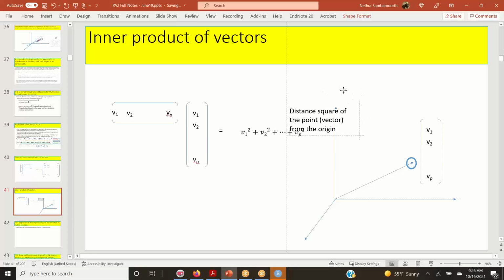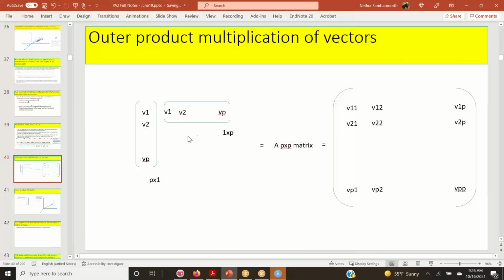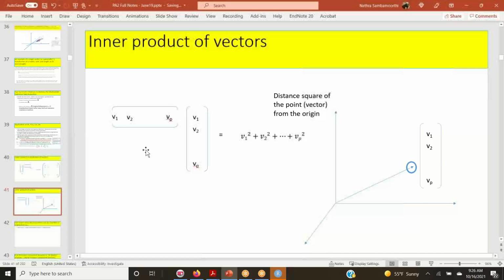Please think of that. Inner product, that's what inner product means. The outer product, on the other hand, is this. That means you're keeping the vector first and then multiplying it. The inner product is transpose of the vector by the vector. These two we will talk about, but more importantly, this one will be referred to many times.